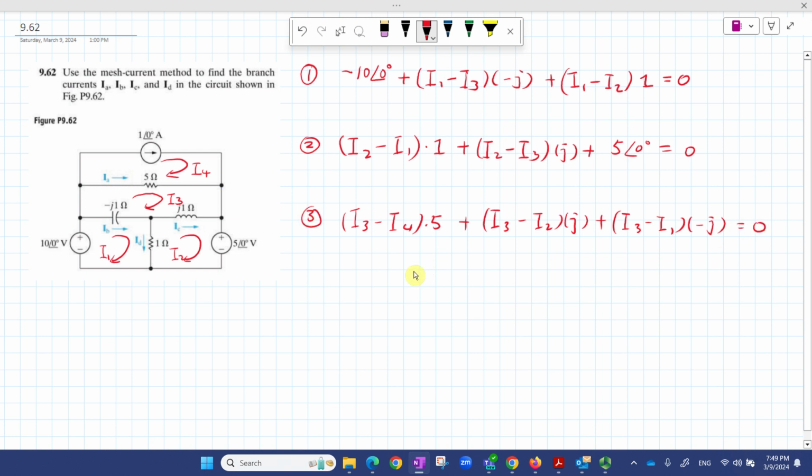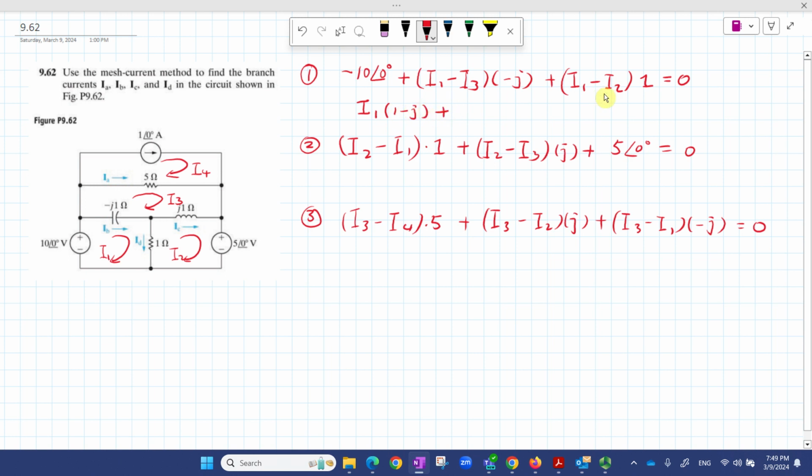All right, so now we're going to clear the terms. Let's simplify a little bit. So I'm going to bring this one to the other side. Then this one equals I1. There is I1, right? I1 times 1, and this is negative J, so it's 1 minus J, that's for I1.